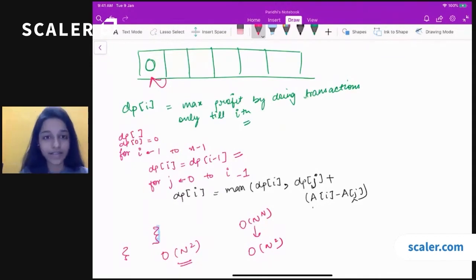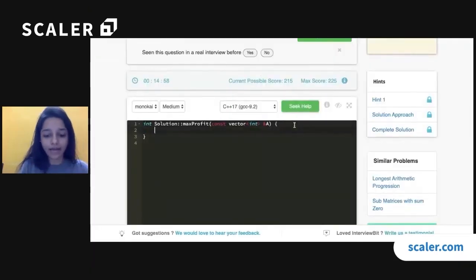Okay, so let's quickly code it. We are taking an array, so int dp, first of all, let's consider the size as well, where I'll take the size n.